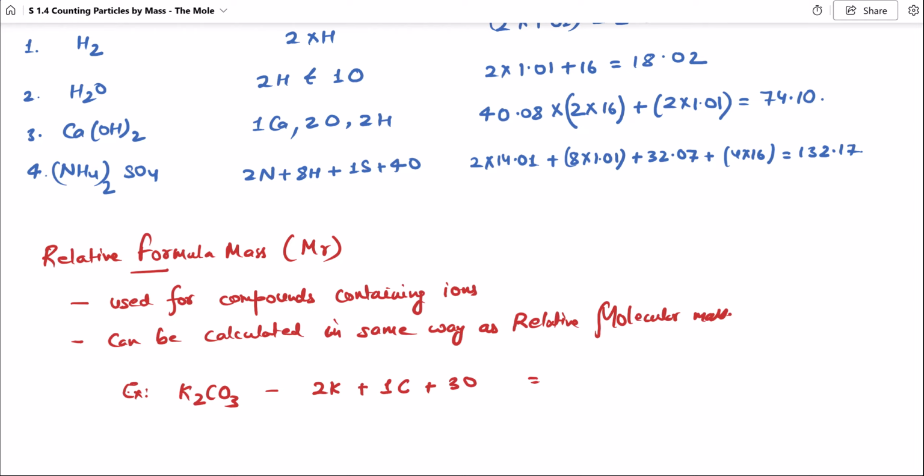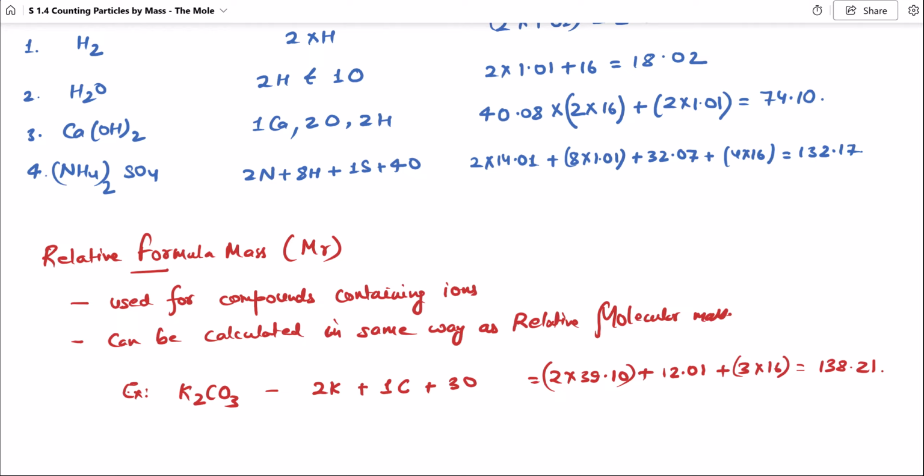So mass will be 2 into 39.10 plus carbon is 12.01 plus 3 into 16. I'm going to get 138.21. So this is how you can calculate.